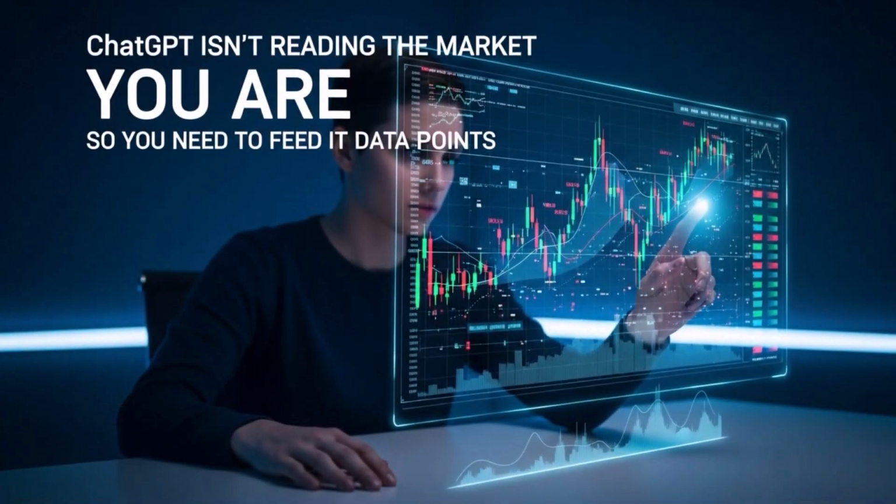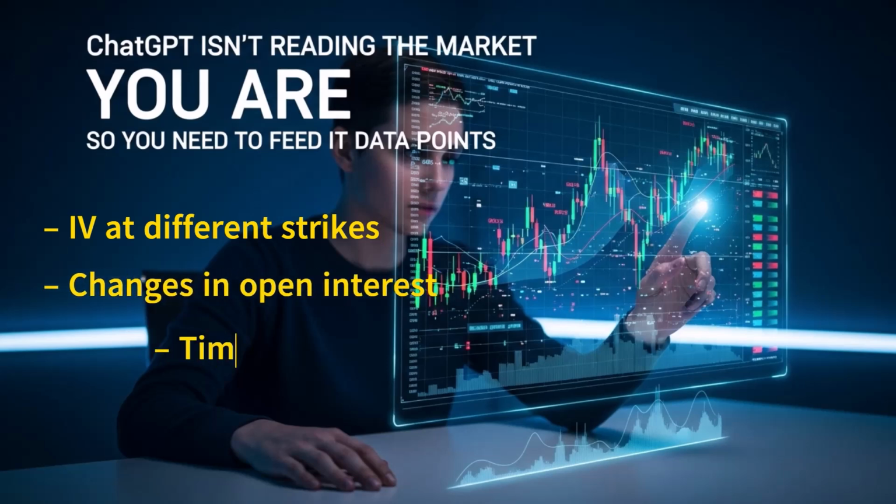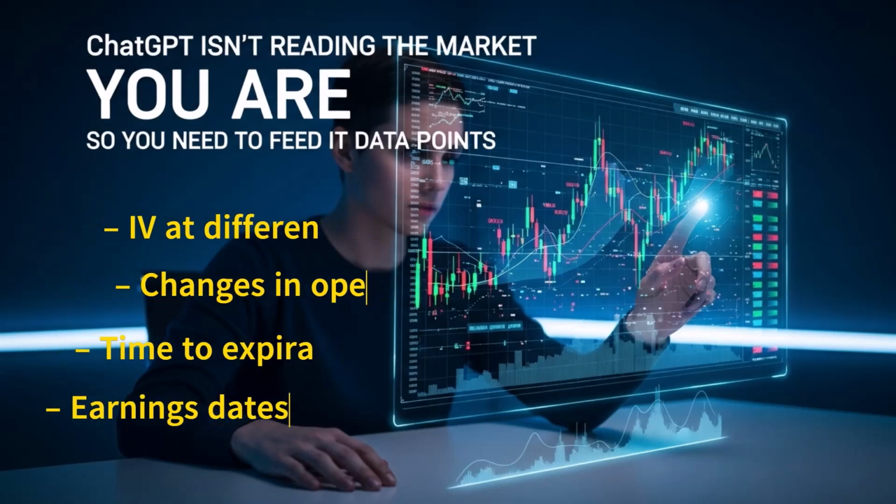Part 2. Context. Next is context. ChatGPT isn't reading the market. You are. So you need to feed it data points. This could be IV at different strikes, changes in open interest, time to expiration, earnings dates.